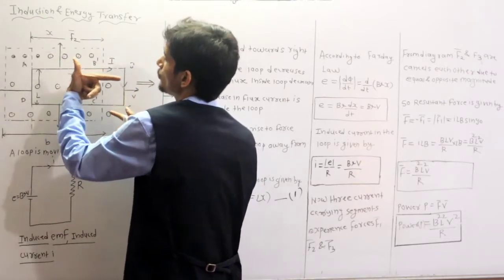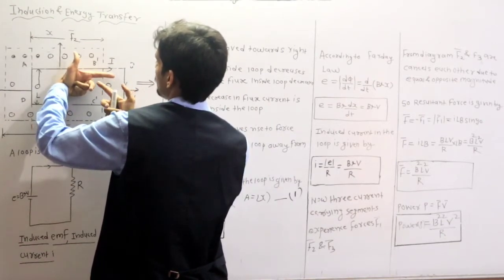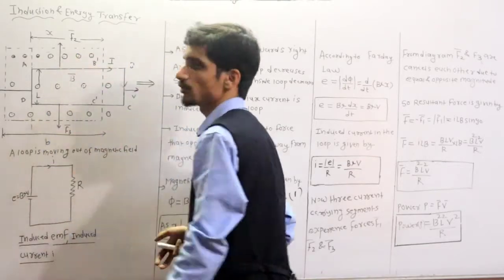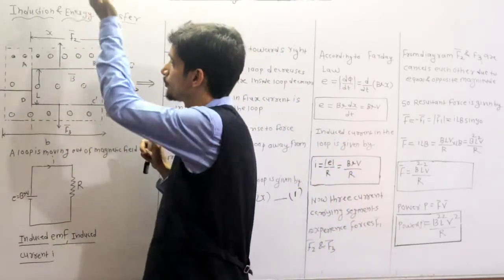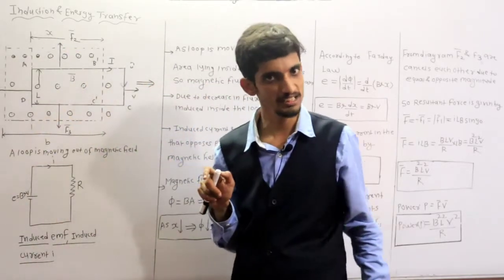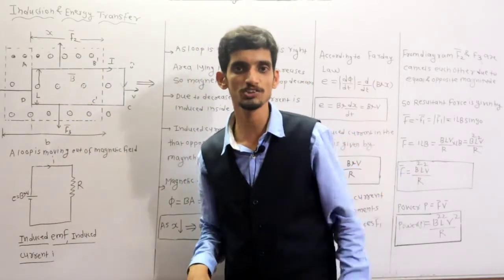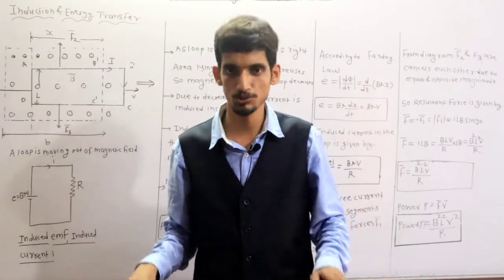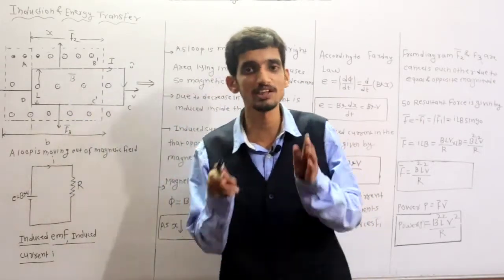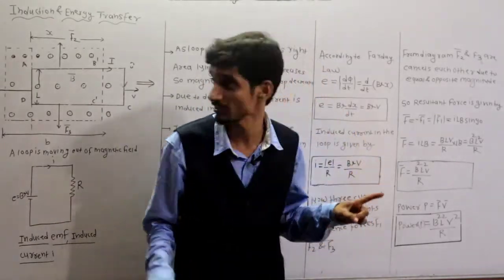B is outward, and this is the current, so in this case the force is upward and in this case the force is downward, because the current is like this. So these two equal forces in opposite directions cancel out. The magnitude of those two forces is BIx.